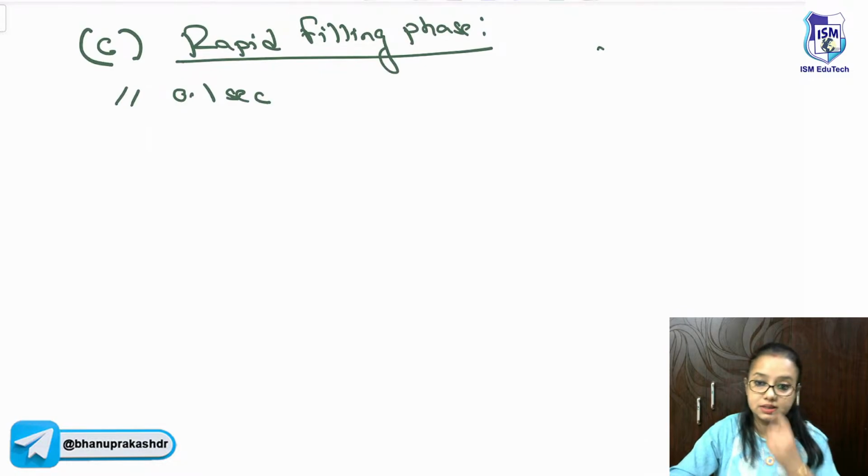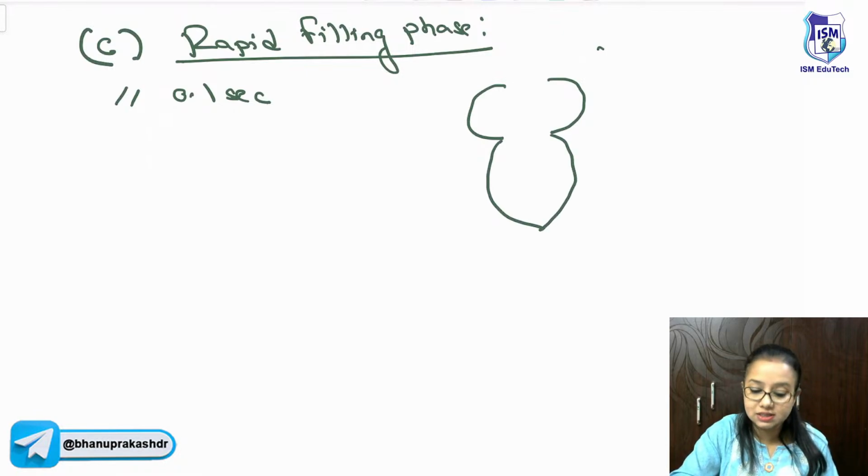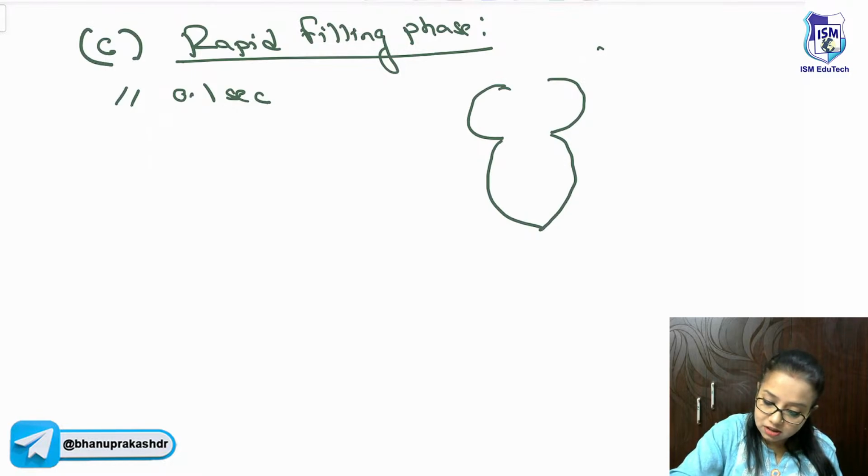Now this is very interesting. We have seen that during the isovolumetric relaxation, the ventricle is relaxing as a closed chamber. So when the ventricles were relaxing as a closed chamber, there was filling of the atria.